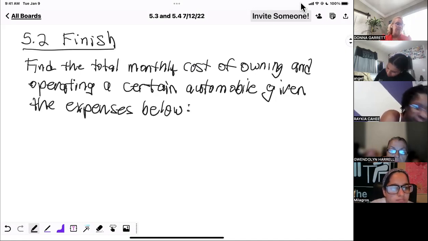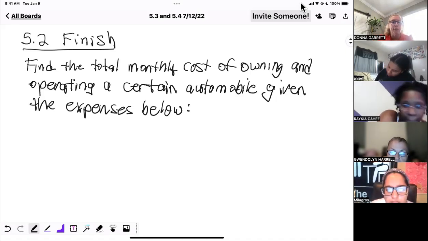And I'll let you catch up. Find a total monthly cost of owning and operating a certain automobile given the expenses below.